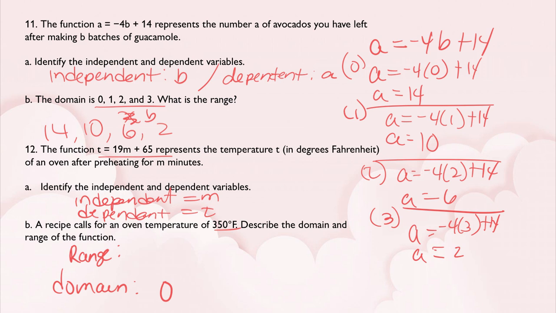That means that it's going to have to be less than or equal to m, right? m is your minutes, correct? Less than or equal to 15. Okay. How do I get 15? A recipe calls for an oven temperature of 350 degrees.